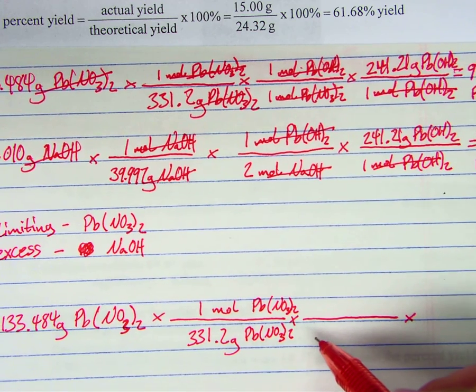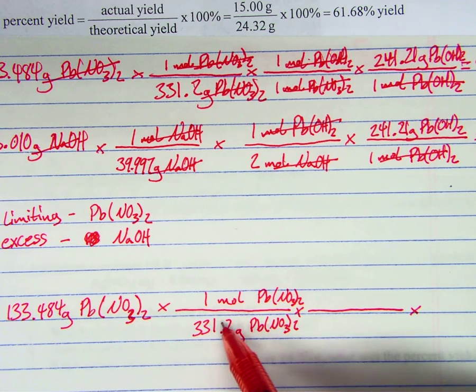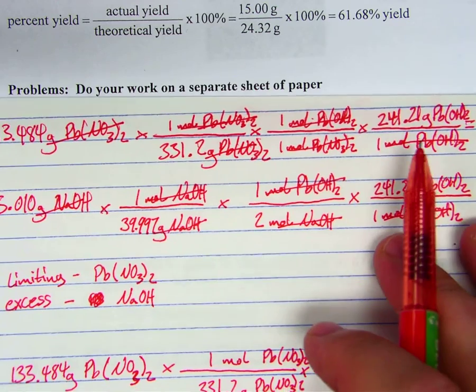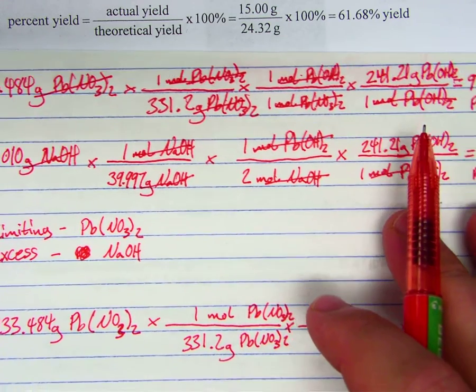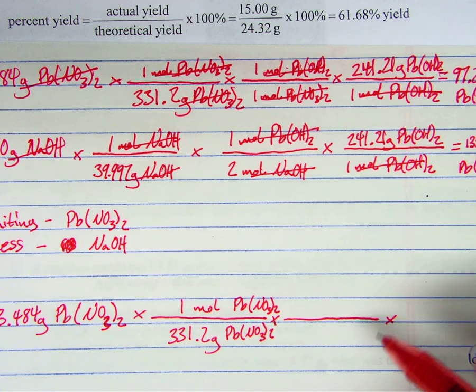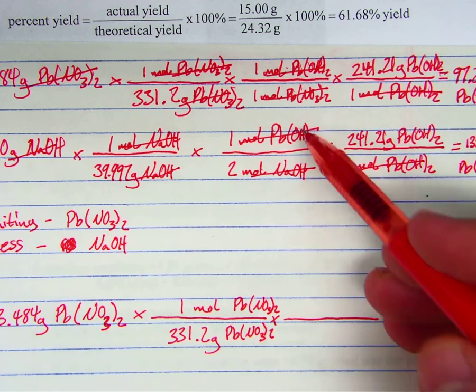so here we're again calculating for excess. First step is to get our moles of lead nitrate. Then, instead of going up here to moles of our product, we need to figure out moles of NaOH.